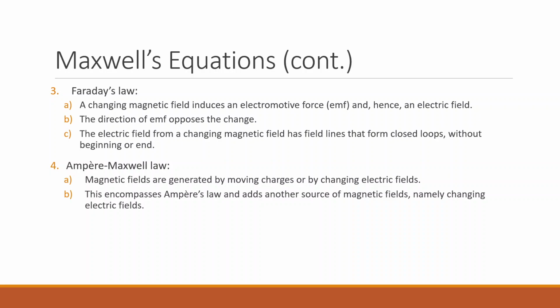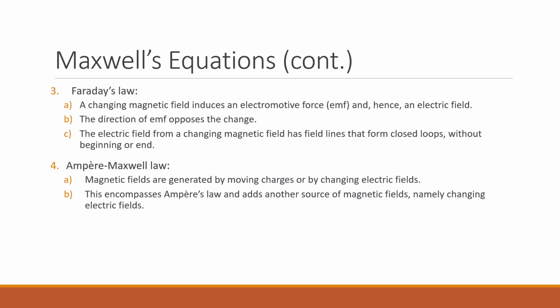Okay. Then we have the Ampere-Maxwell law, where magnetic fields are generated by moving charges or by changing electric fields. So magnetic fields are generated by charges that are moving.